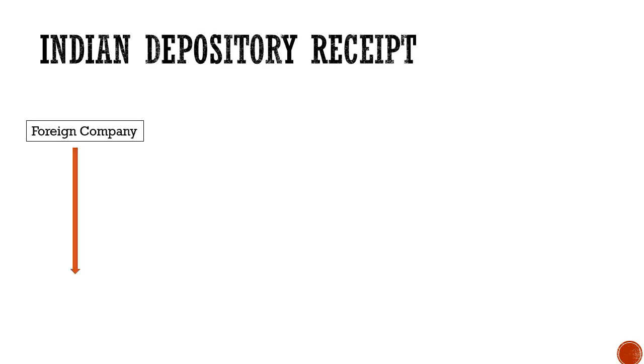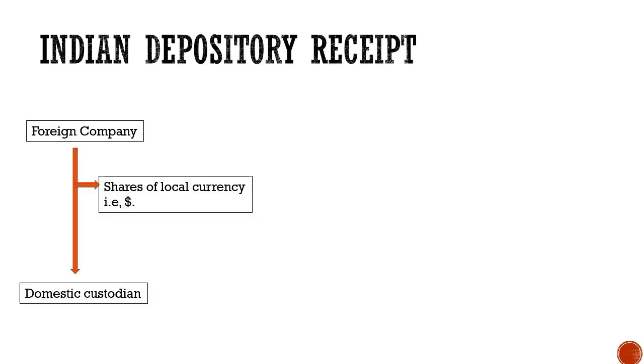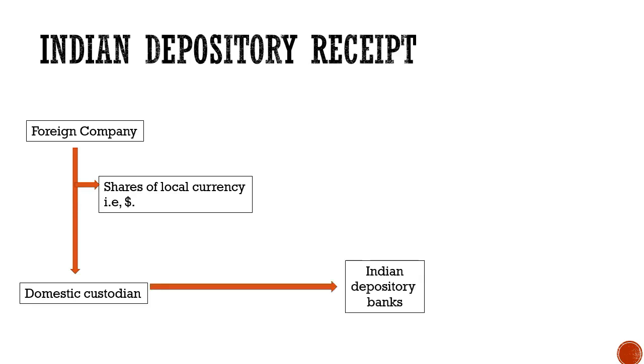So it contacts the domestic custodian, in which the shares are held by the domestic custodian of the United States in dollar form. It informs and updates the Indian depository bank about the shares.